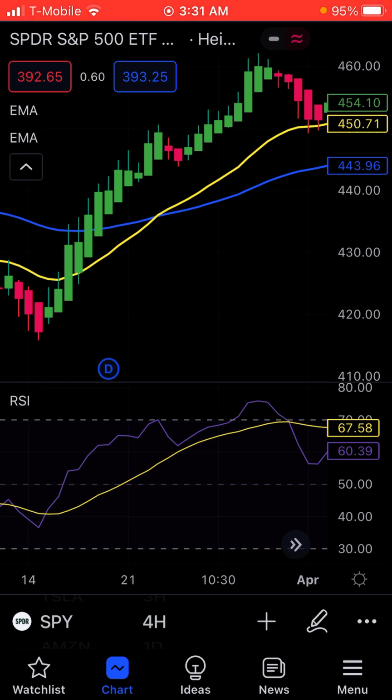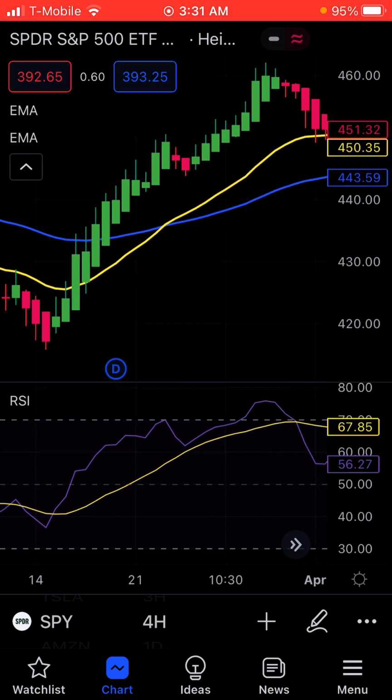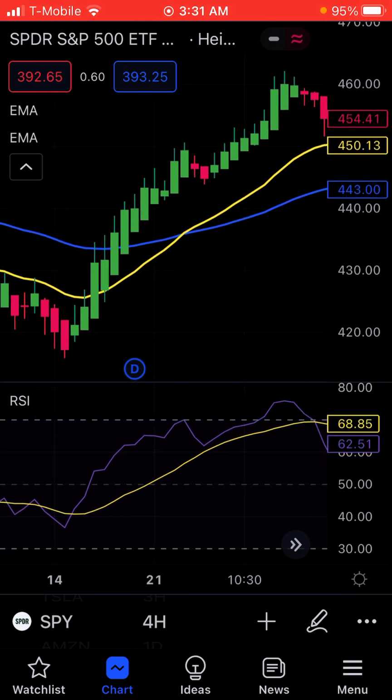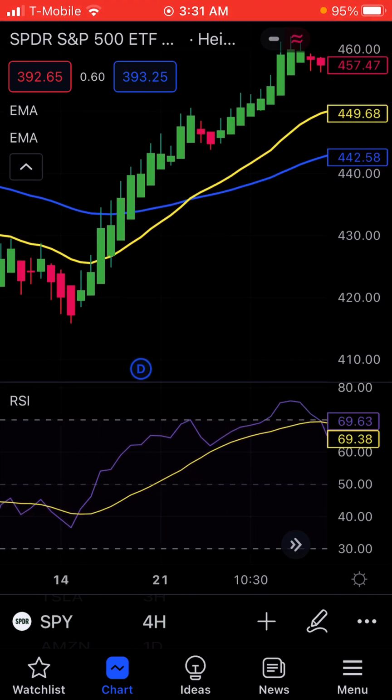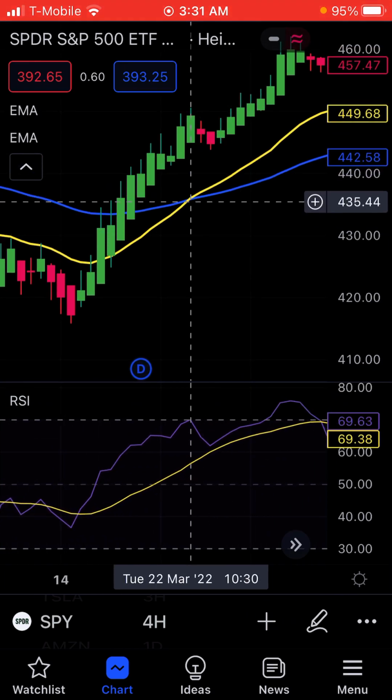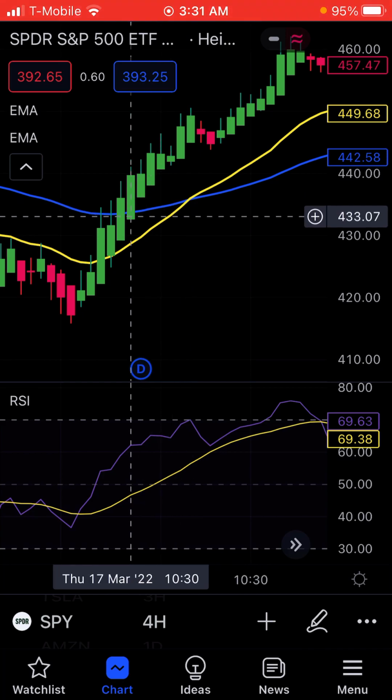Today, let me just show you how, with the 4 hour and using the 20 and the 55, to find good spots to get in. Let me use the S&P 500 as an example. So let's backtrack. We see right here, the lines of the 20 and the 55 have crossed. So this would be a good point of getting in.